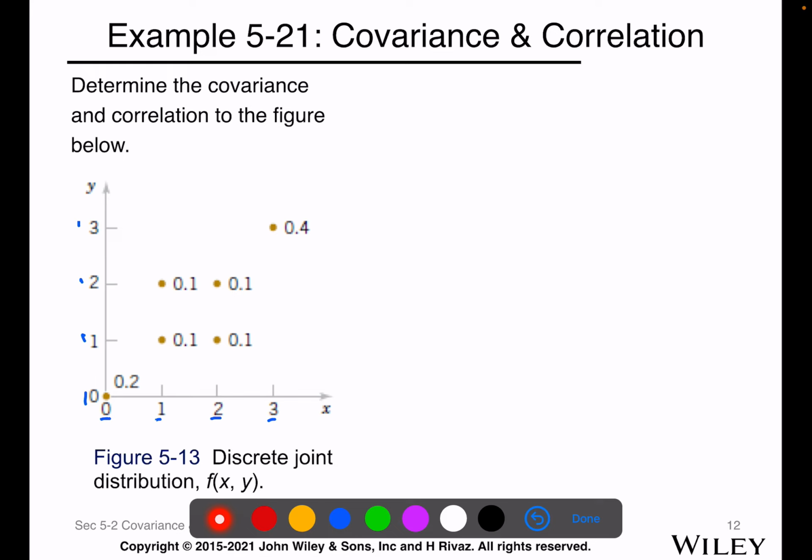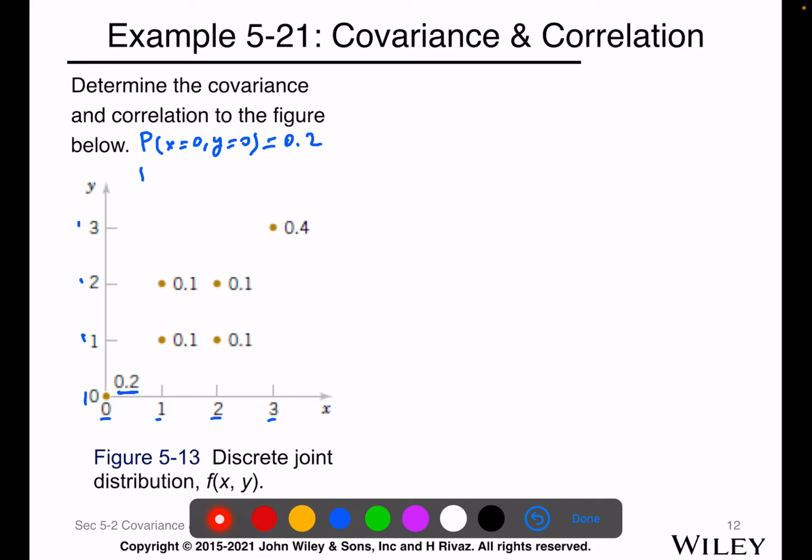So these numbers mean probabilities, right? So here, for example, probability of x equal to 0 and y equal to 0 is 0.2, right? So any number that's not given, it means that probability is 0.